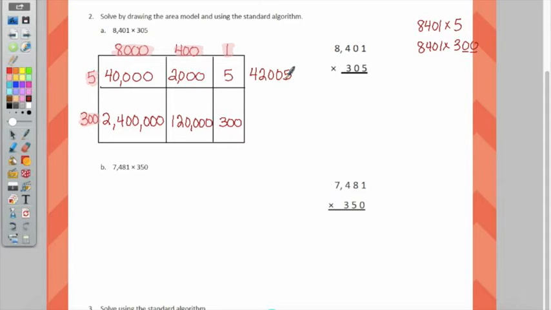Don't forget, adding these separately on a piece of scratch paper is a good idea, especially if you write large, okay?